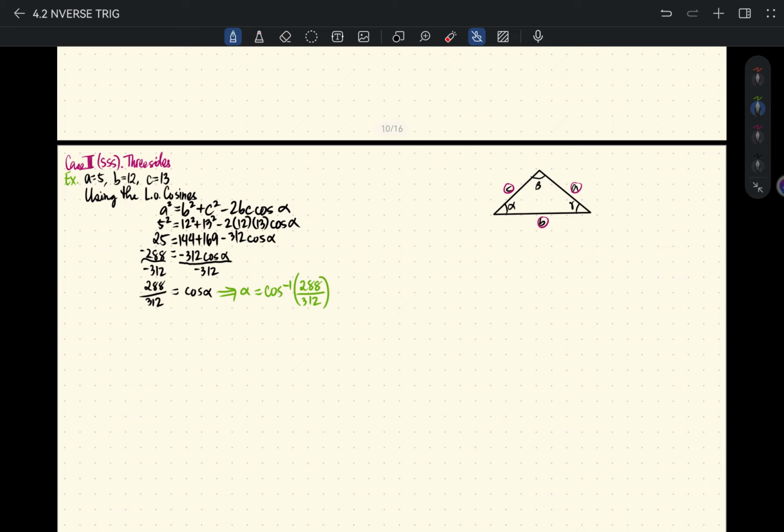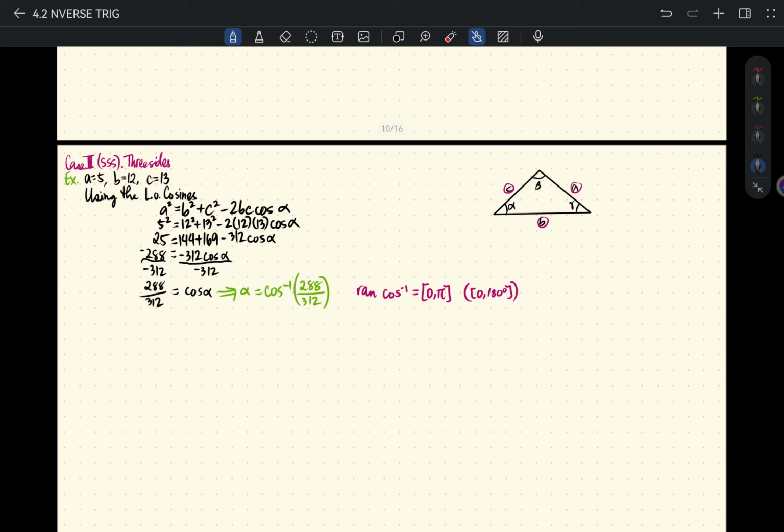And why is this okay? That's because the range of cosine inverse equals 0 to pi, or in degrees, that's 0 to 180 degrees. And that's where the values of our angles range. So this one right here is a reasonable expectation.